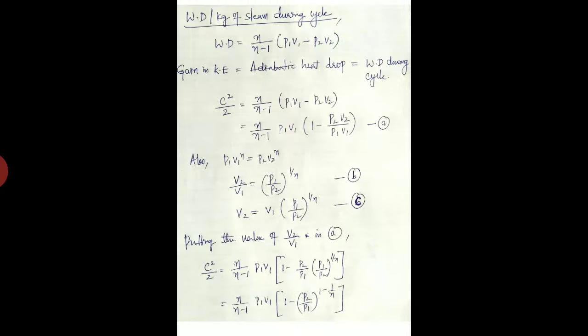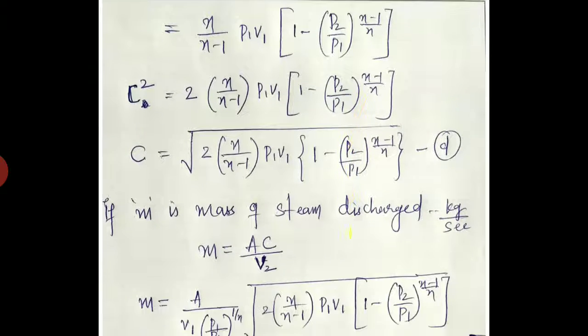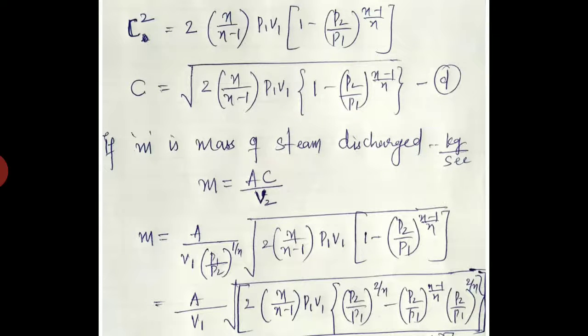Next relation: n by n minus 1 P1 V1 into 1 minus P2 by P1. If you do the simplification, C square is equal to 2 into that equation, or C is equal to the square root of it. Call that equation D here.